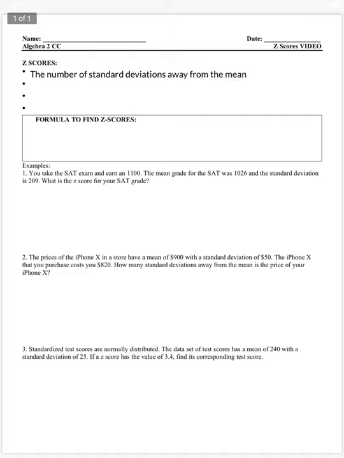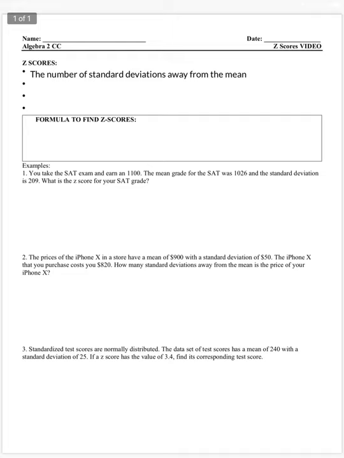Okay, so last week when we were drawing the entire normal curve, and we were drawing 0.5 standard deviations, 1 standard deviation, 1.5, 2, 2.5, 3, those are kind of like the z-scores of where you are on that curve. So a z-score is the number of standard deviations away from the mean.